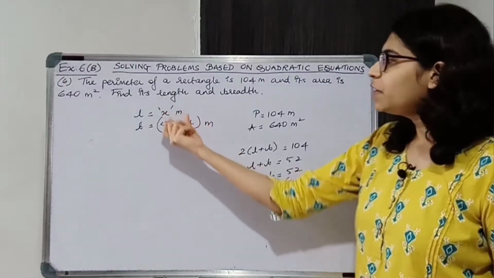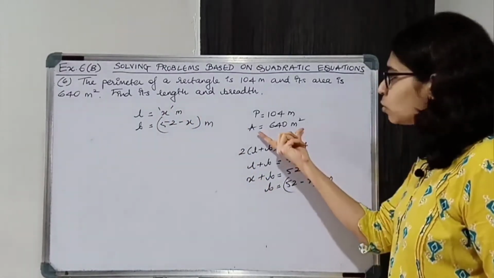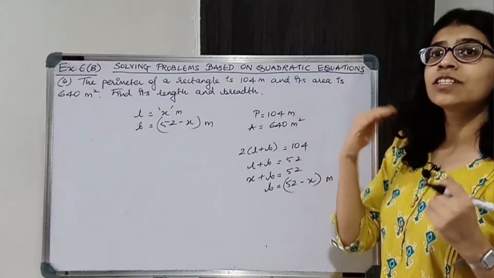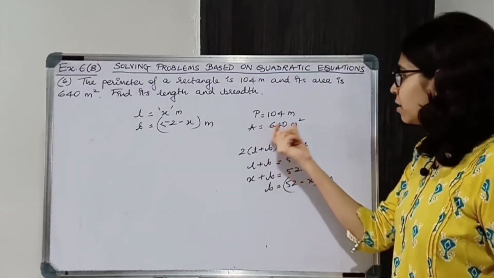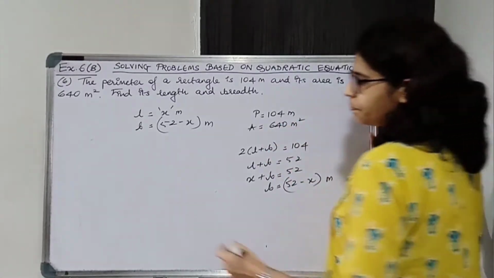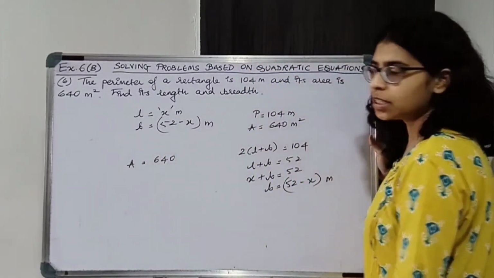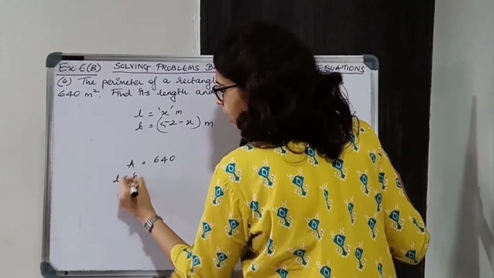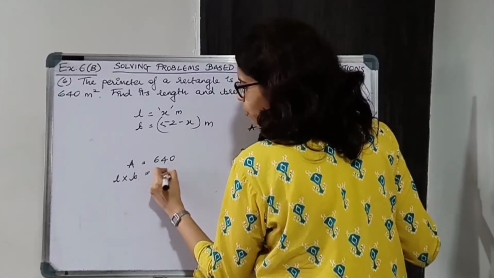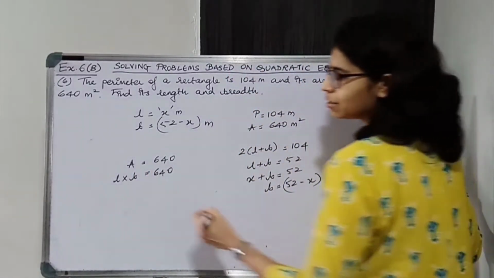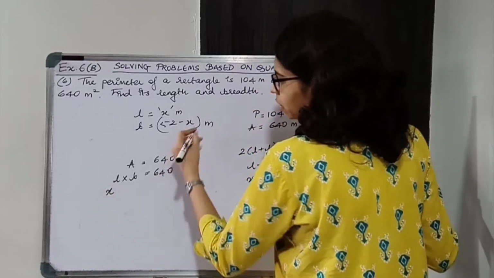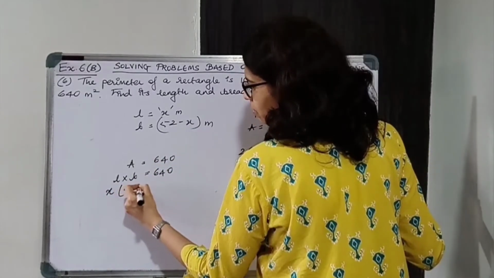So now we have length and breadth. Coming to the second condition given over here. Area is 640 square meter. What is the formula for area? It is length into breadth, so it is equal to 640. What is length? x. What is breadth? 52 minus x.